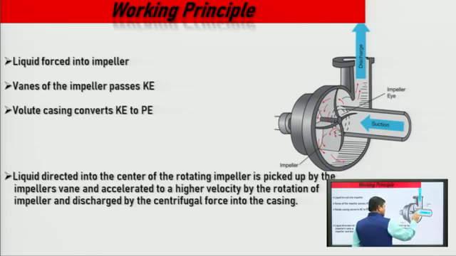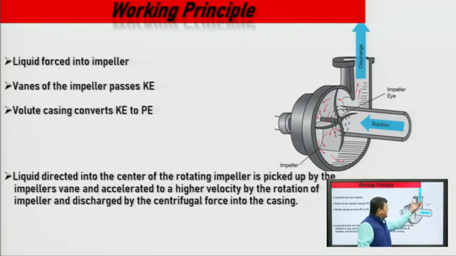It goes due to centrifugal action, and the lifting takes place. The outlet then goes to the diffuser, which converts the remaining kinetic energy into pressure energy.